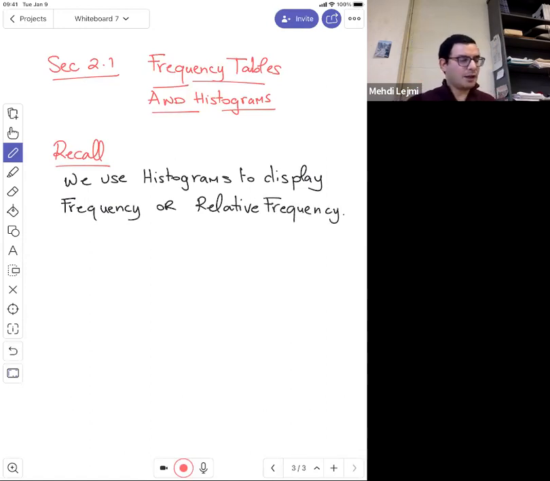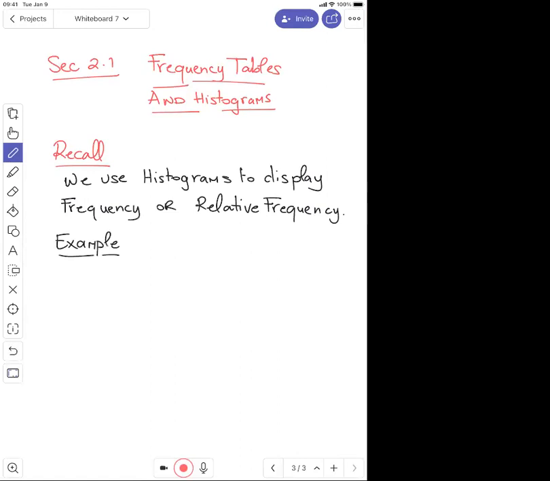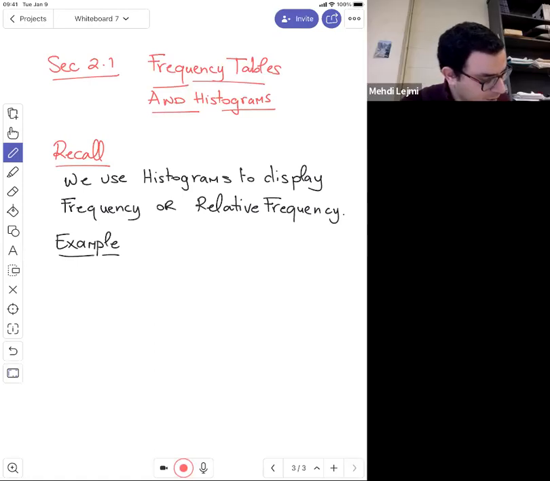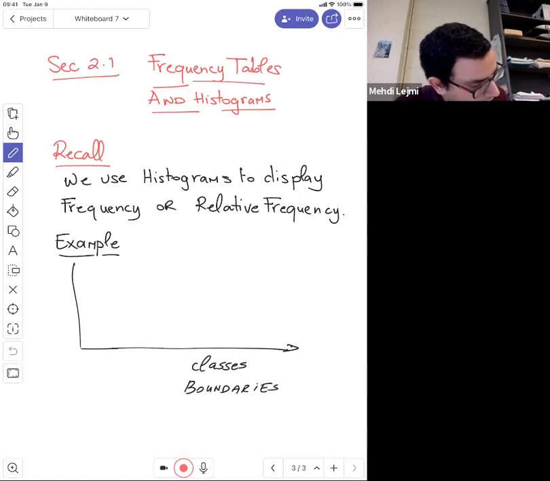Okay, and then for example, a histogram would be something like this here. So on the horizontal axis, we said we're going to have our class boundaries, and then on the vertical axis, we're going to have either frequency or relative frequency.